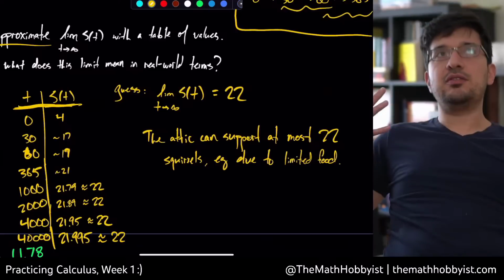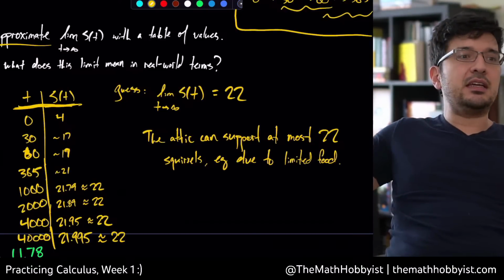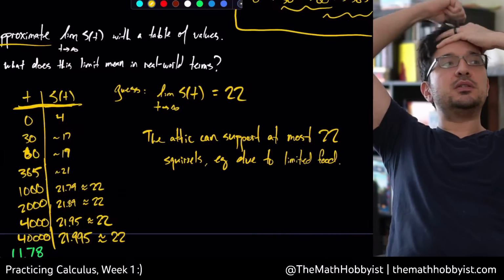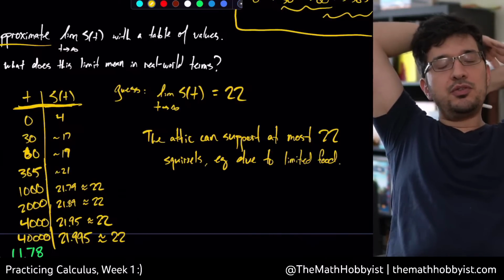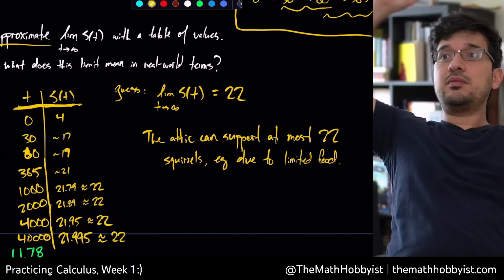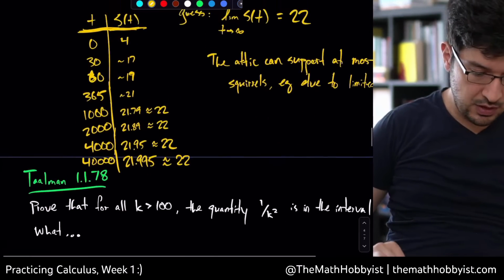Maybe because there's not enough food in this attic for more than 22. So anytime there are more than 22, some of these poor squirrels starve or something like that. That's my thought. Okay, so there we go.